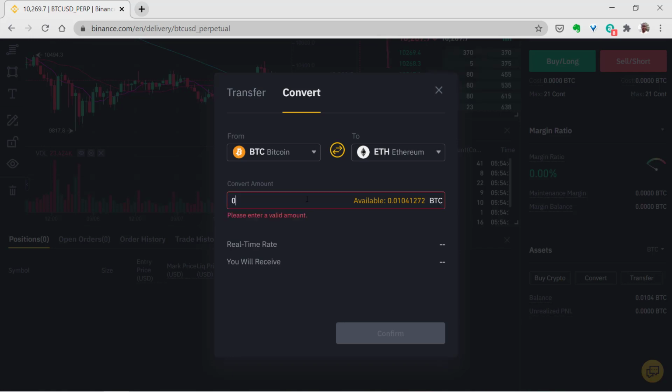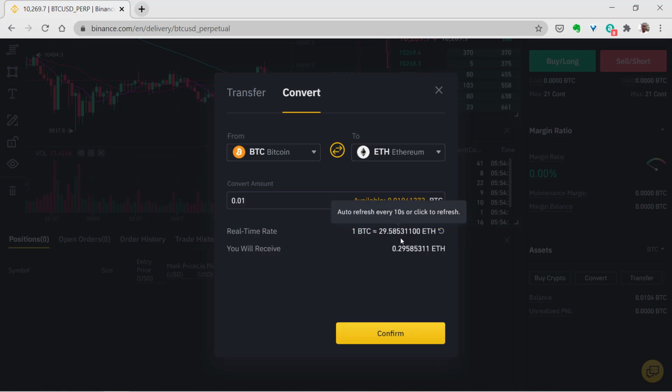Let's say we want 0.01, and we'll get a quote, and this is what I would receive for 0.01 BTC. So that will enable you to trade in the Ethereum perpetual or quarterly contracts. Very, very handy tool. Instead of having to keep your balances in another crypto, you don't have to. You can always convert just when you need it.